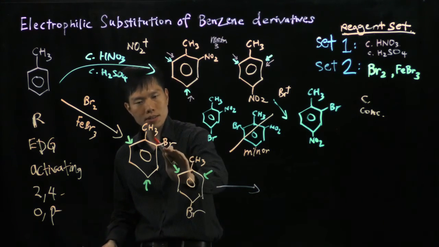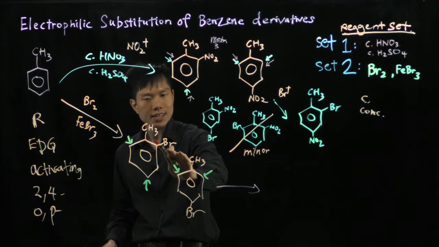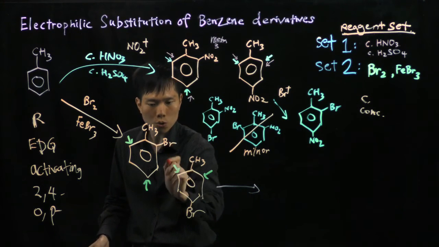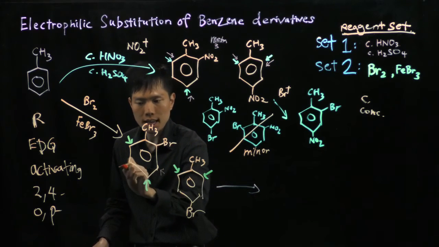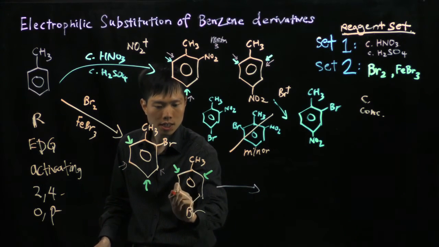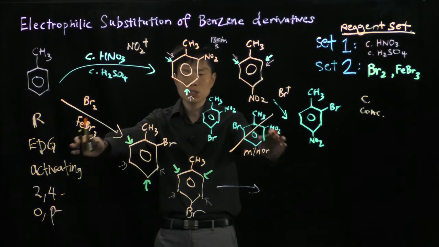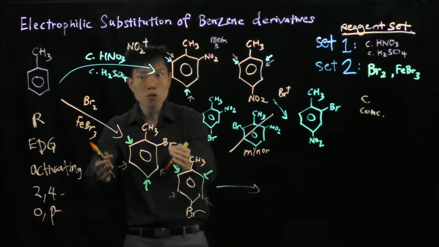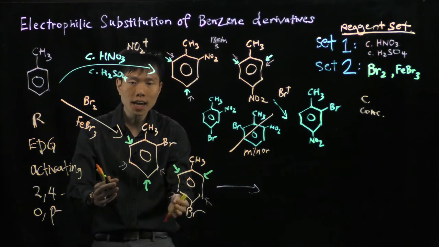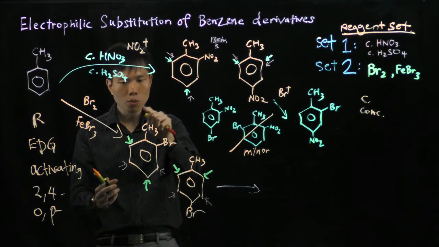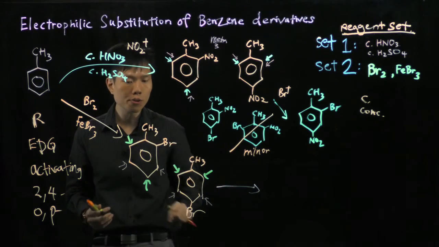But for the bromine, bromine also likes it to be at its own ortho and para. Do you see? Its ortho, para is blocked. So what happens is they have conflicting instructions. They do not have a common target. CH3 wants it to go to the position of the green arrow.